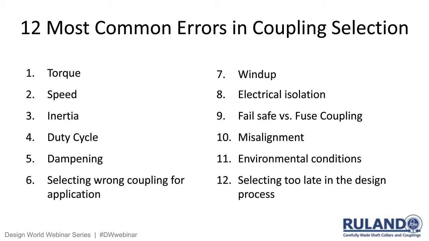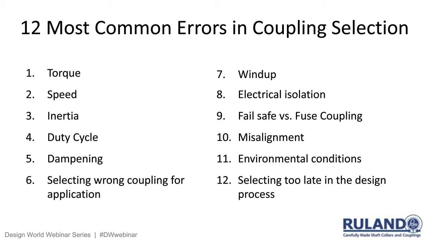Fail-safe design versus a fuse-type coupling. Again, this depends on your application. A lot of times, whether it's a Z-axis, certain types of couplings are fail-safe, so that if something were to happen to a spider coupling, for example, the spider will fail, but you'll lock up jaw to jaw on the hubs, and you'll still be transmitting torque.